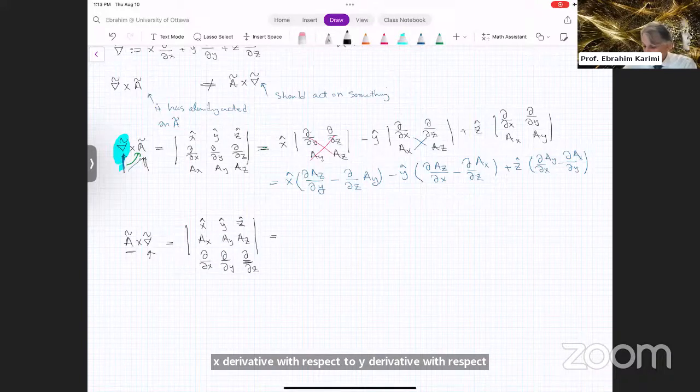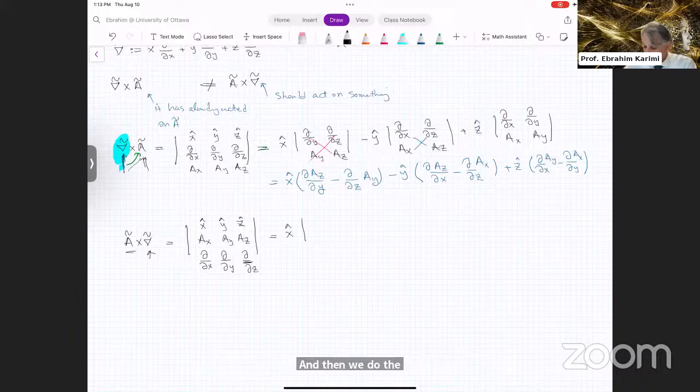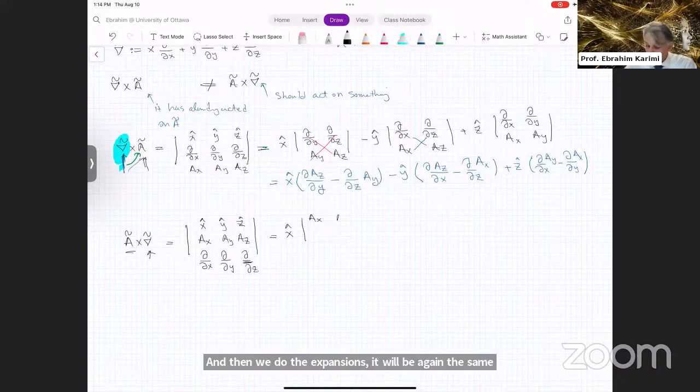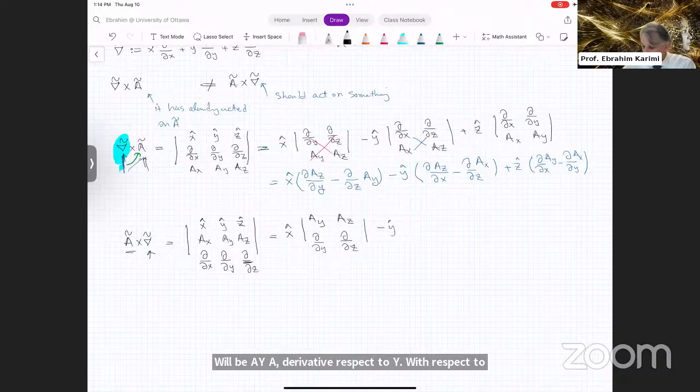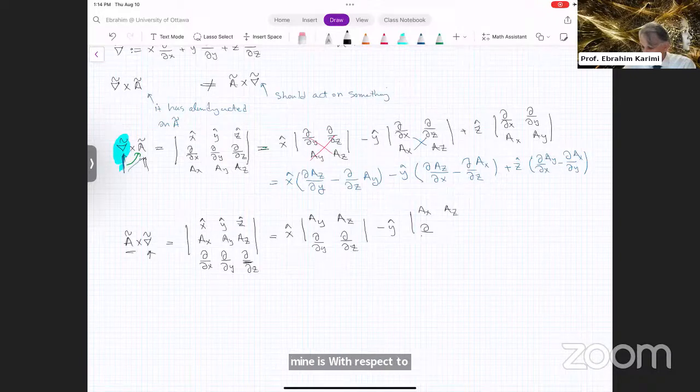And then we do the expansions. It will be again the same way. Ax, ay, az, derivative with respect to x, derivative with respect to y, derivative with respect to z, minus y hat, derivative with respect to x, derivative with respect to z, ax, az.